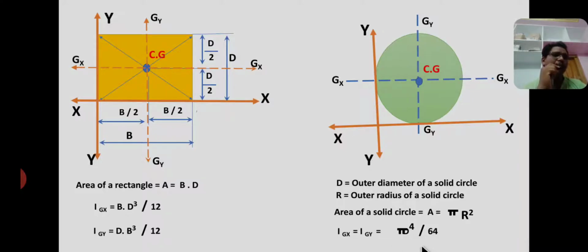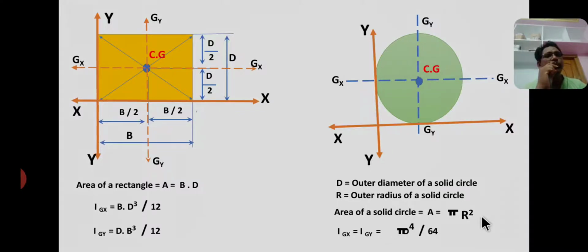Please see carefully. This is pi d, diameter power 4 by 64. Pi d power 4 by 64 is the area moment of inertia of a solid circle.